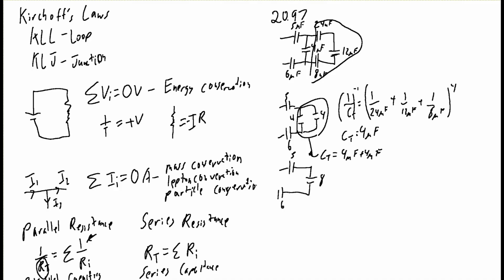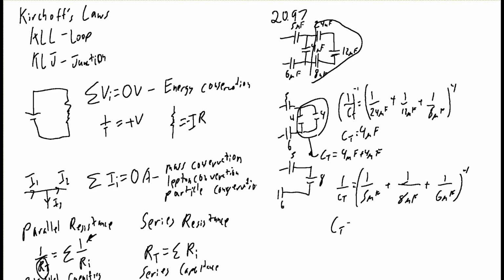All right. Now watch this, 1 capacitor. So that gives me 1 over CT, as before, just like this, but with different numbers, is equal to 1 over 5 microfarad plus 1 over 8 microfarad, there, plus 1 over 6 microfarad, all to the minus 1.